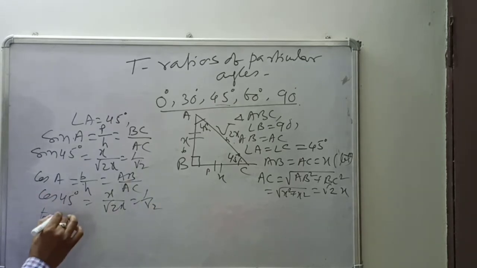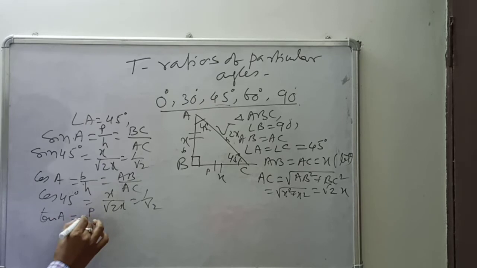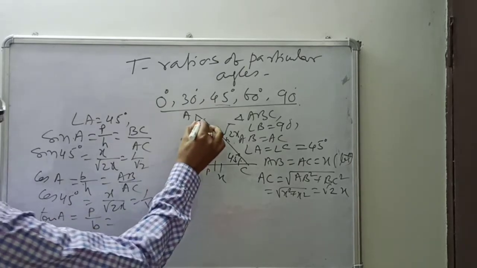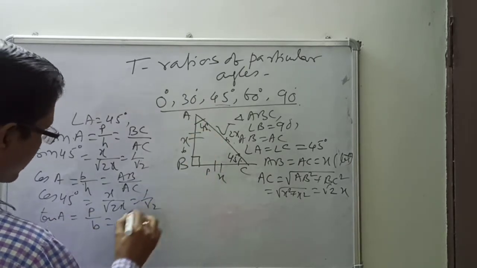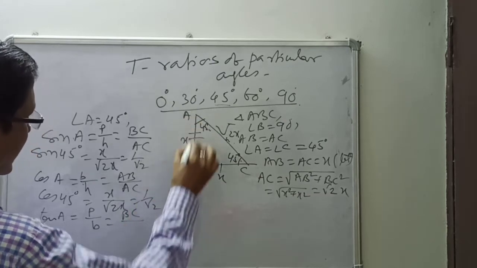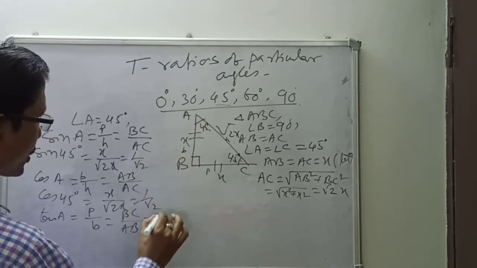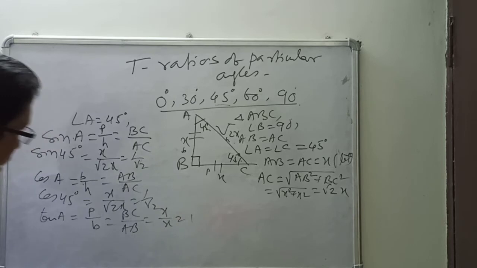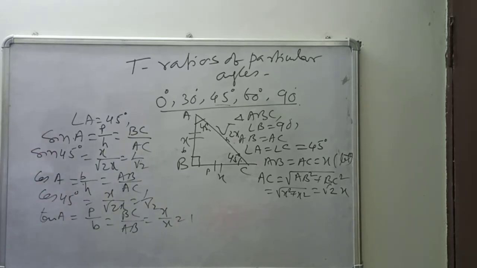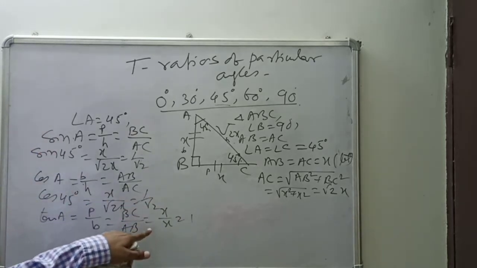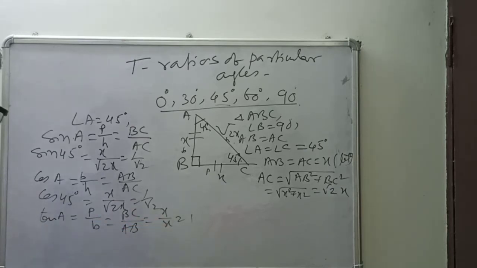Similarly tan A equals P by B. With respect to A, the perpendicular is BC and the base is AB. So it will be x by x, that is 1. So sin 45 is 1 by root 2, cos 45 is 1 by root 2, and tan 45 degree is equal to 1.